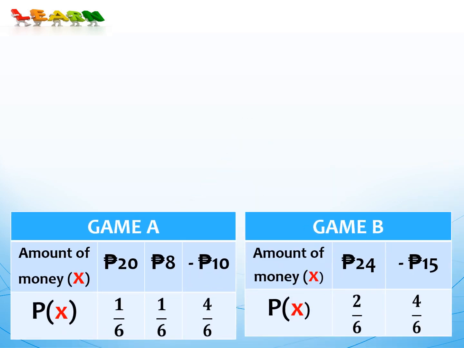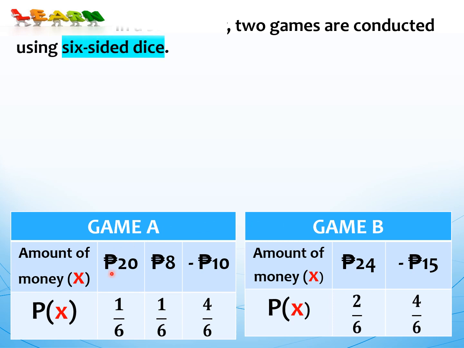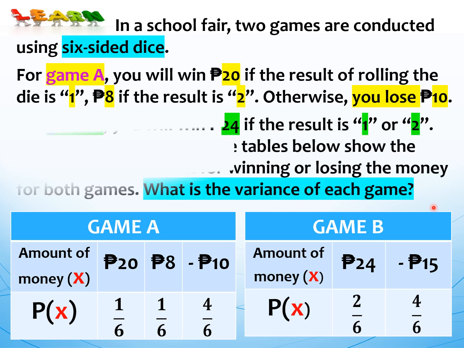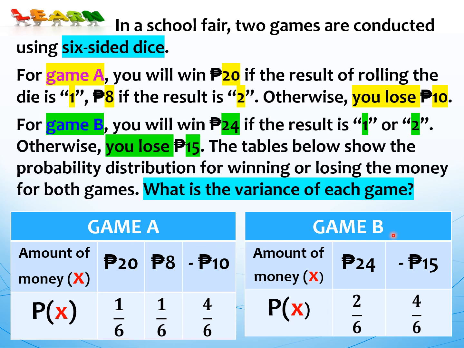So, as per the example in the previous slides, we have game A and game B. By this data, we can calculate the variance of each game. So, how can we calculate the variance of each game? Therefore, this is the solution.